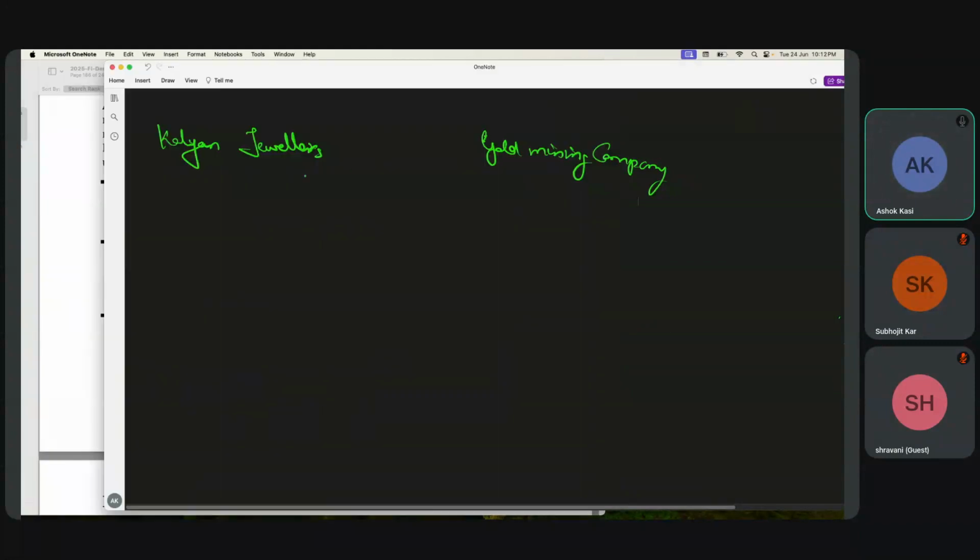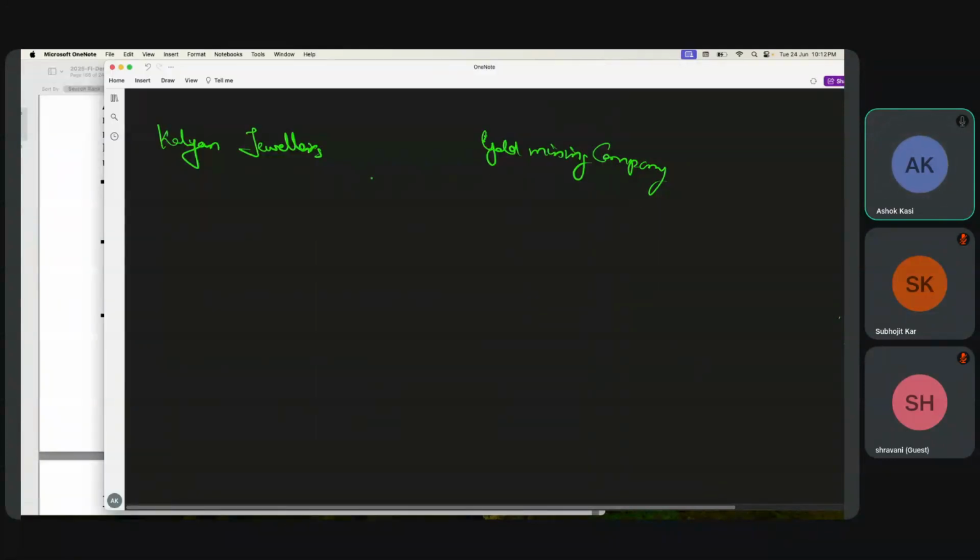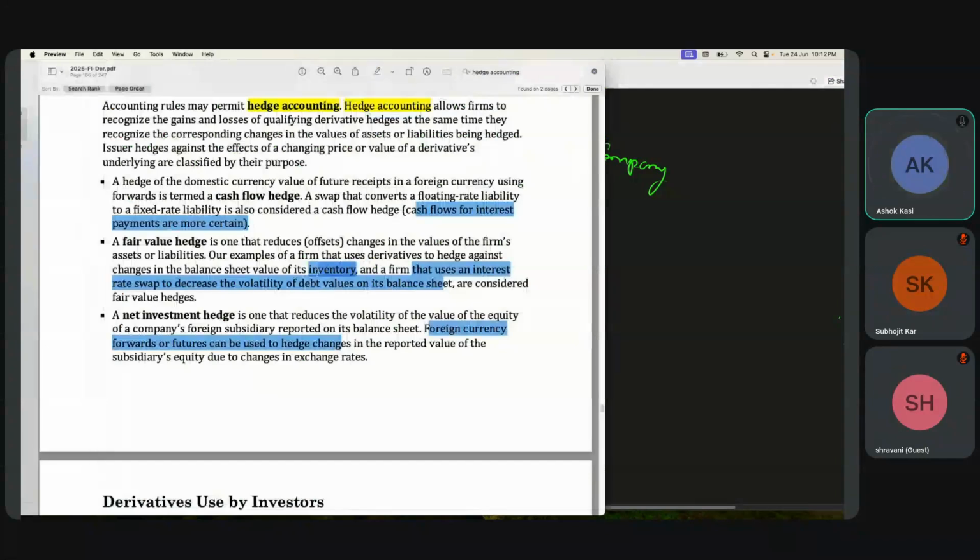They are entering into derivatives on inventory. So this one you can connect with forward. Here they are agreeing to lock the price and then agreeing to get gold at the future date, so to maintain the fair value of inventory.